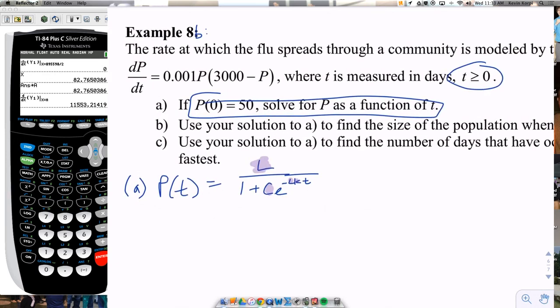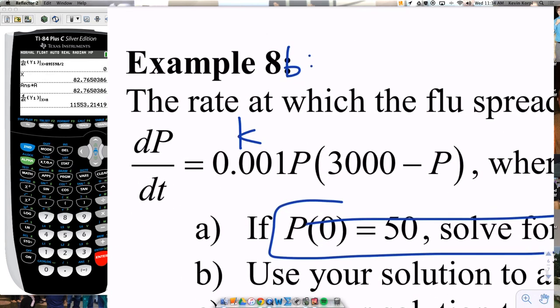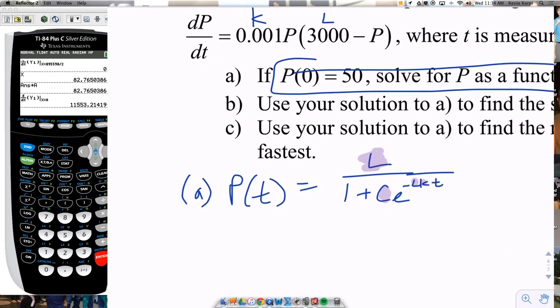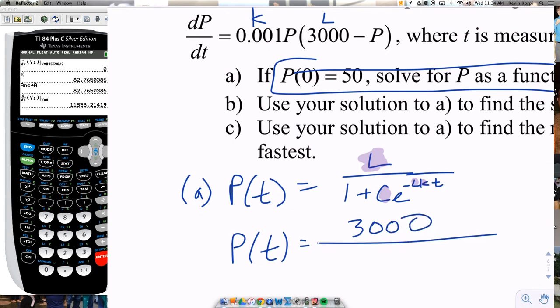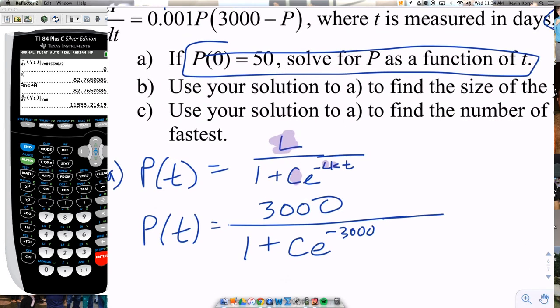Oh boy, how are we going to do that? Well, don't we already know the K value and the L value? From here, this is the K value and this is the L value. That's pretty nice. So P of t, I know so far, is going to equal 3,000 all over 1 plus C e to the negative 3,000 times 0.001 t.